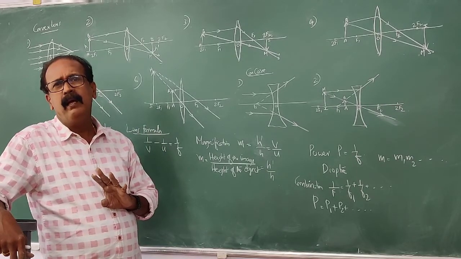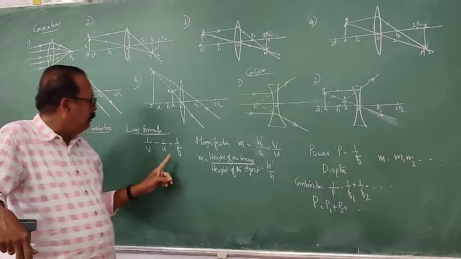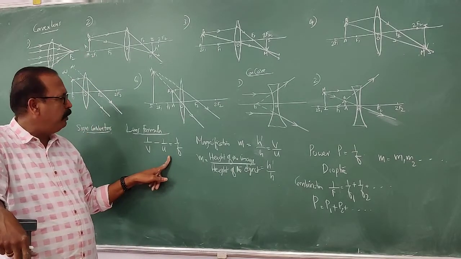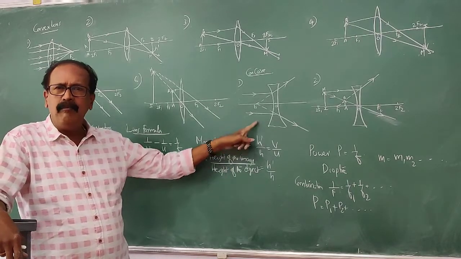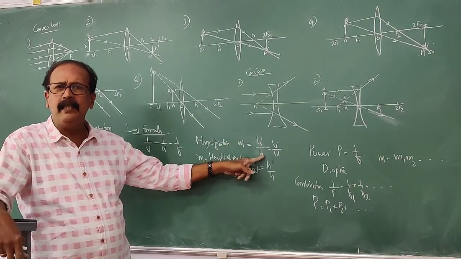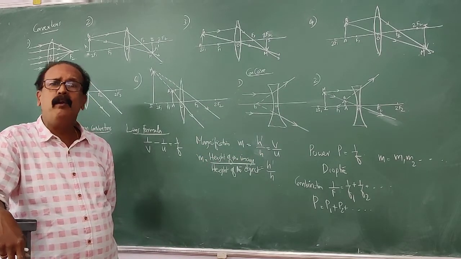But the lens formula is 1 by v minus 1 by u equal to 1 by f, and the magnification is m equal to h dash by h equal to plus v by u. Apply proper signs in problems.